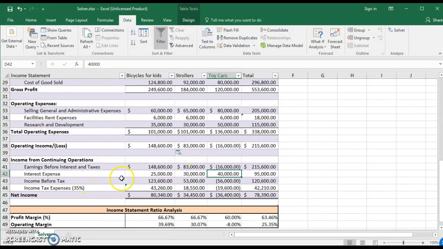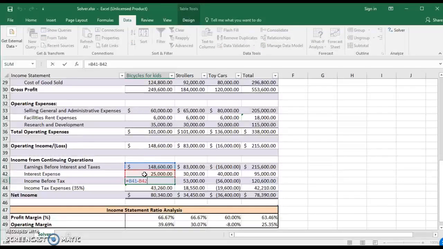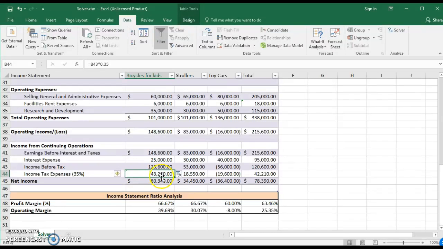And then that would give us the income before tax, which is the income before interest and tax minus interest expenses. And then we are going to estimate our tax expenses, which is estimated to be 35%, which is the highest rate in the United States. So this is the income before tax multiplied by 35%.